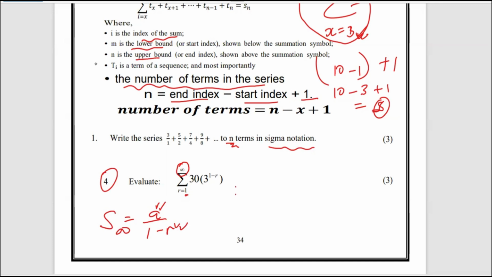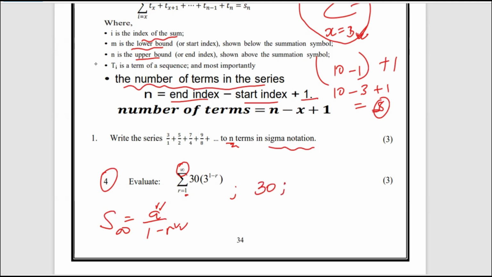So what I usually do, just get a few terms, okay? Something like 3 or even 2, yeah, they will be fine. Just do the substitution, okay? So that's gonna be 30 into 3 to the exponent of 1 minus 1. We know that 1 minus 1 is a 0. Anything to the exponent of 0 will be a 1, which means my first term is a 30, okay?